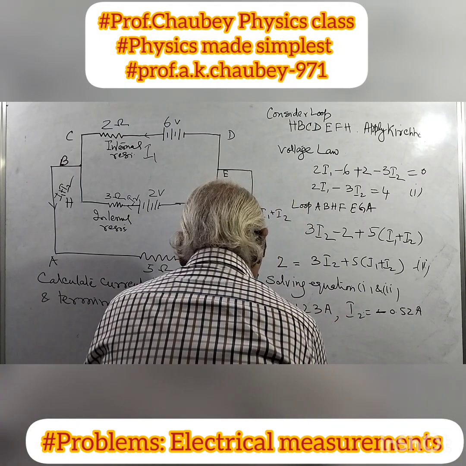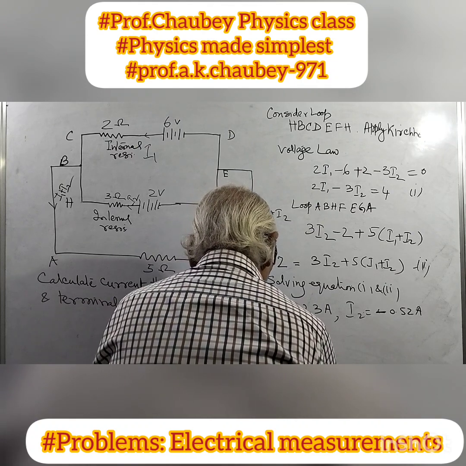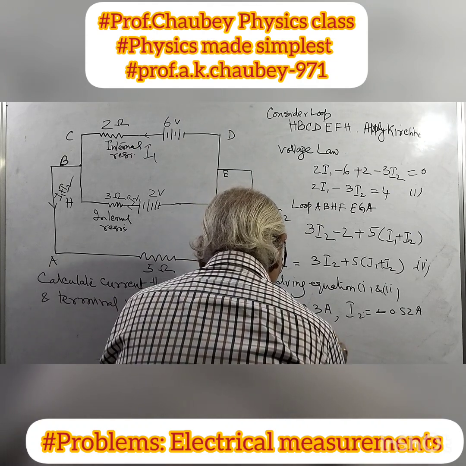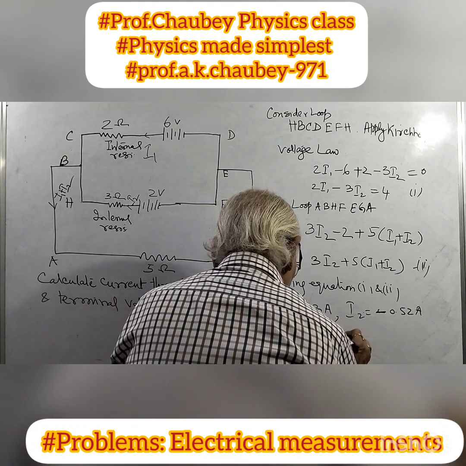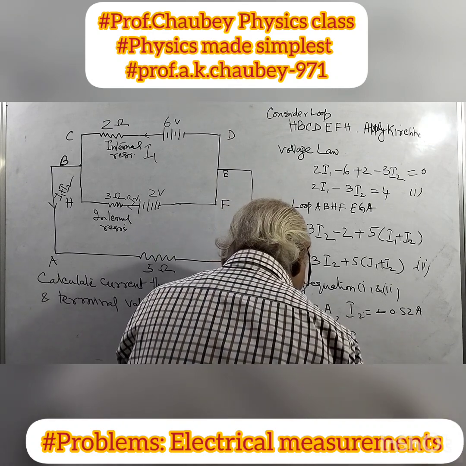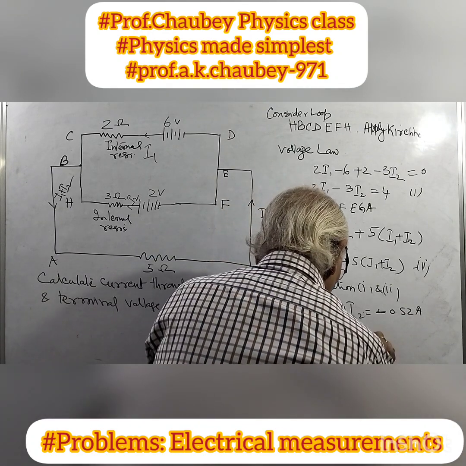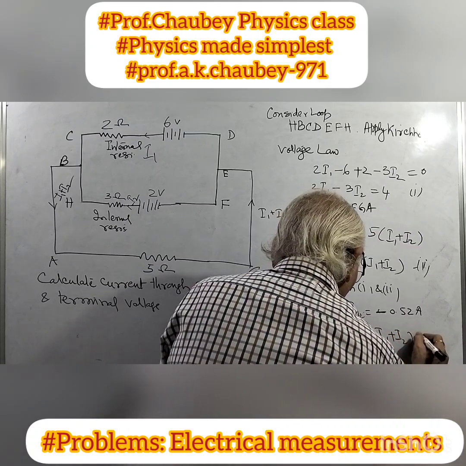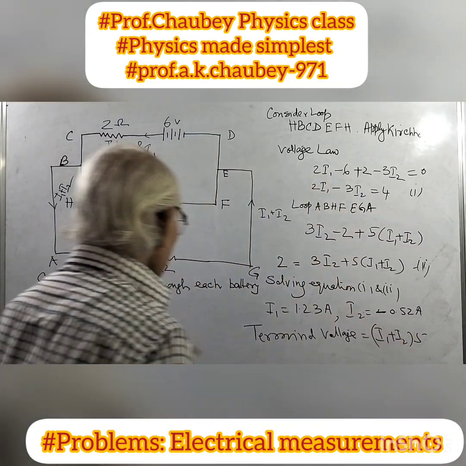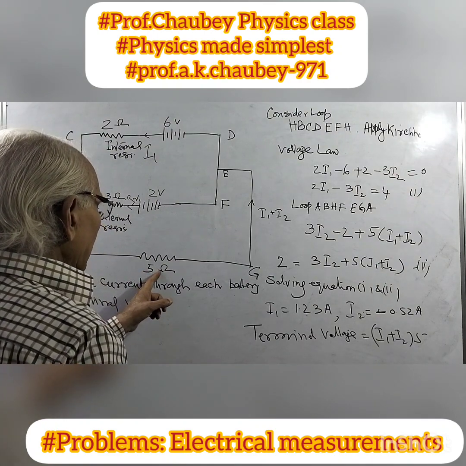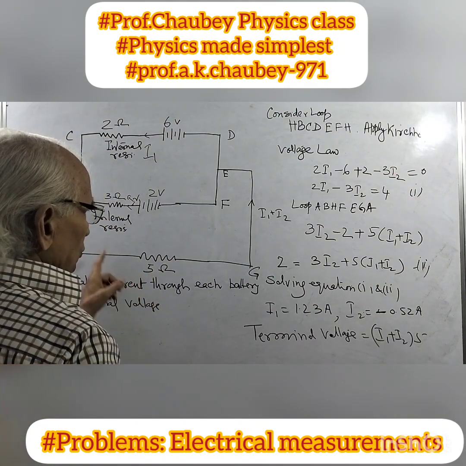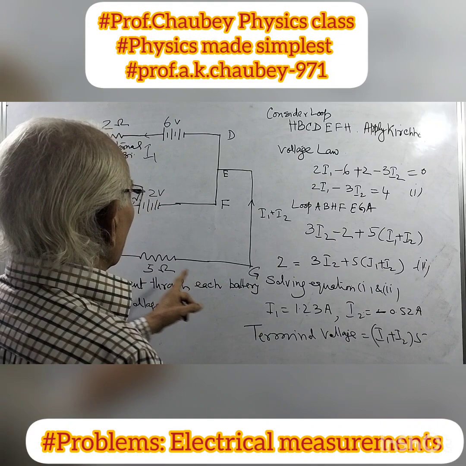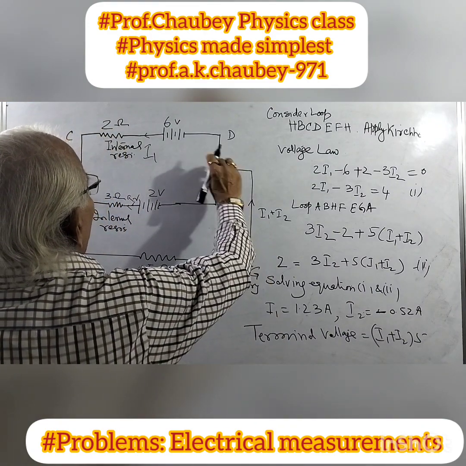Terminal voltage is I1 plus I2 into 5. This is the 5 ohm resistor, so the current passing through it is I1 plus I2. So what is the terminal voltage of this battery?